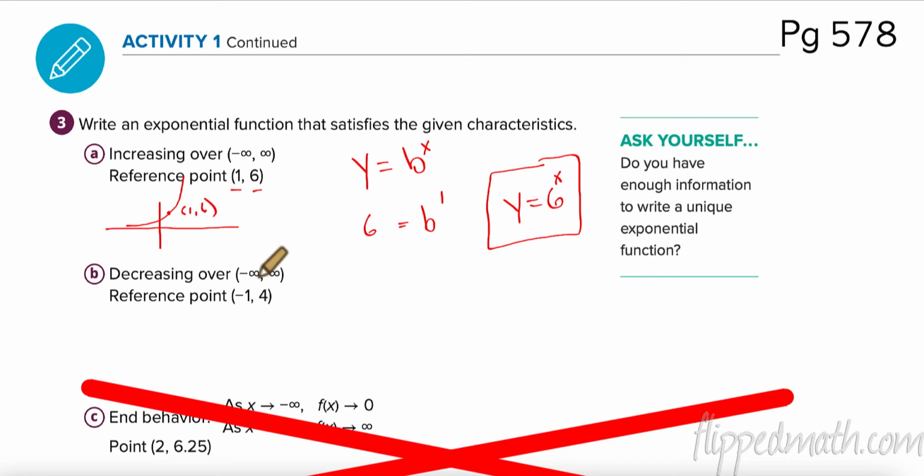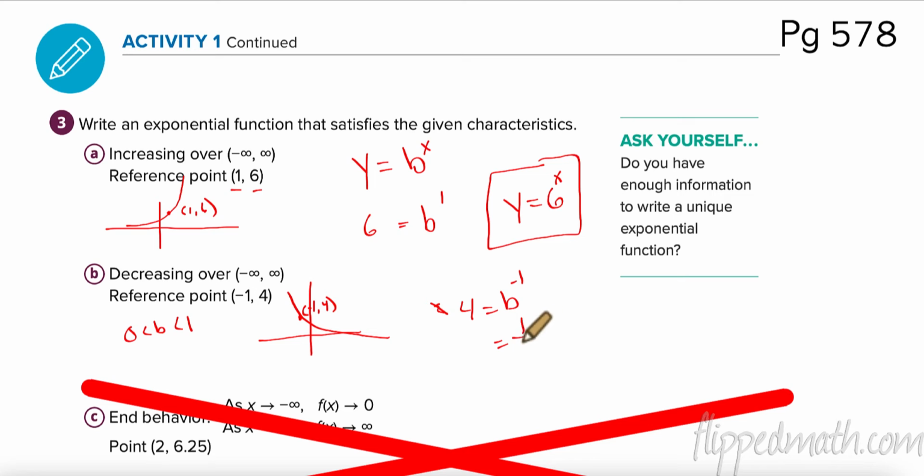All right, let's try this one. It's decreasing. That means we know that b is going to be between 0 and 1, right? So it's probably going to be a fraction. It says as I go negative 1, my point goes up to 4. So my question is, I'm going to get 4 when I put b to the negative 1 in. Well, if you think about this, negative flips something, right?